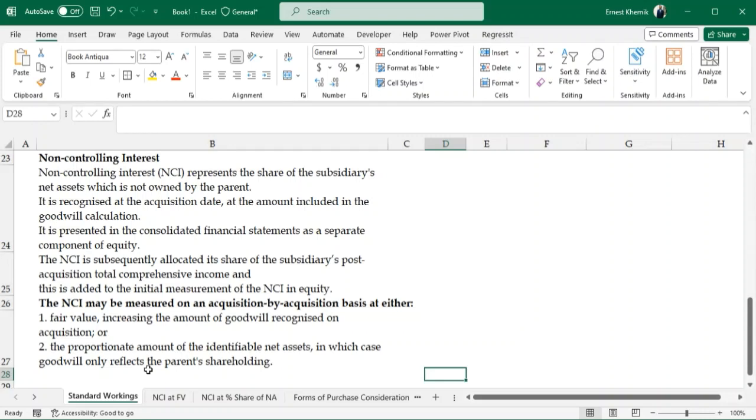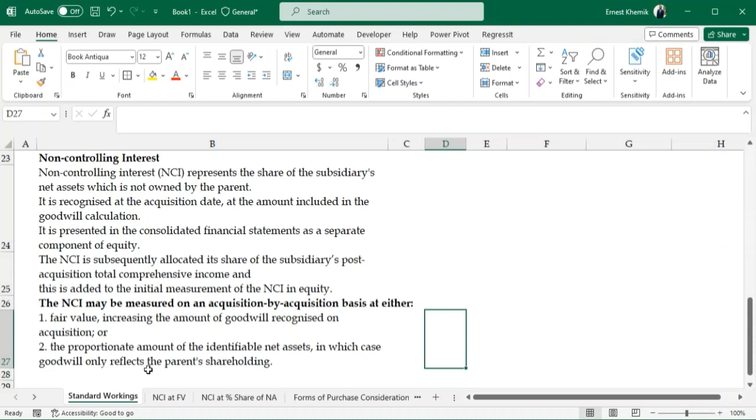Alright. Now there are two ways of measuring the non-controlling interest. We can measure the non-controlling interest at its fair value. If it is measured at fair value, it will always be given to you in a question.